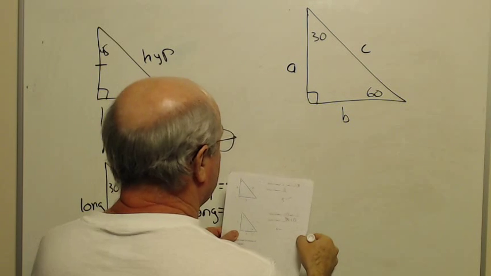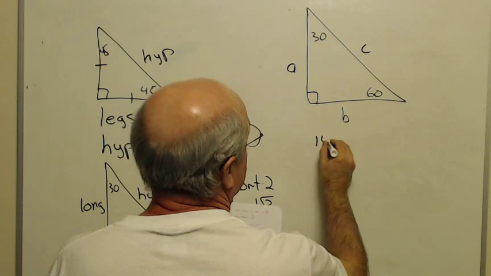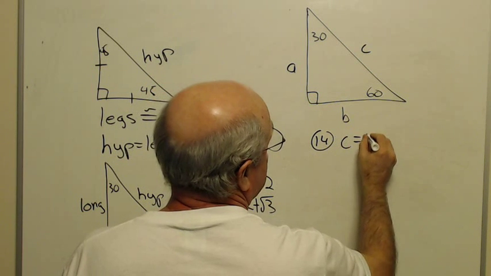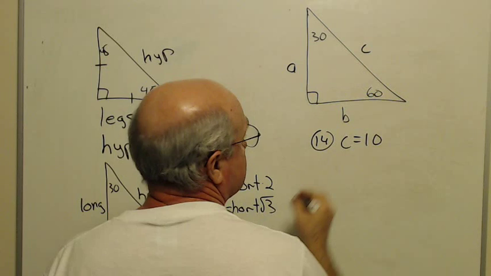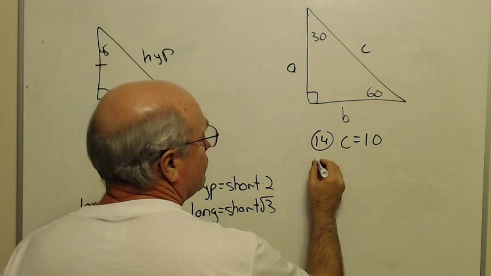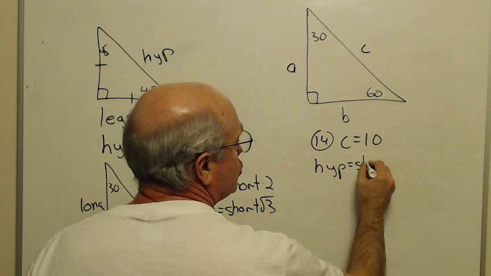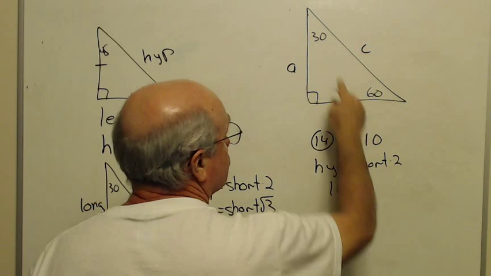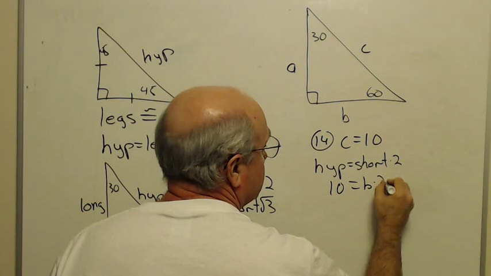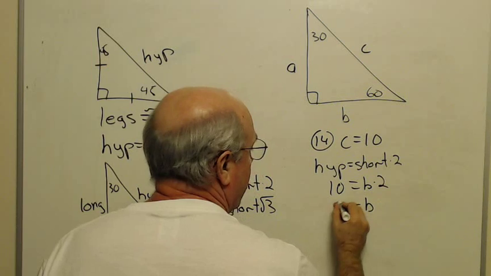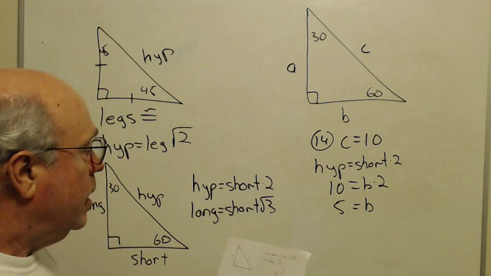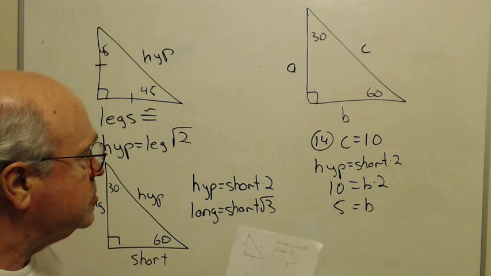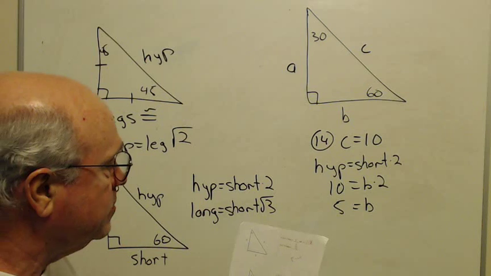On problem number 14, you started off with C being 10. Well, if C is 10, it's the hypotenuse. If I use the rule hypotenuse is short times 2, that would be 10 equals short, that's B times 2. B has to be 5. And 5 was the second thing asked for.